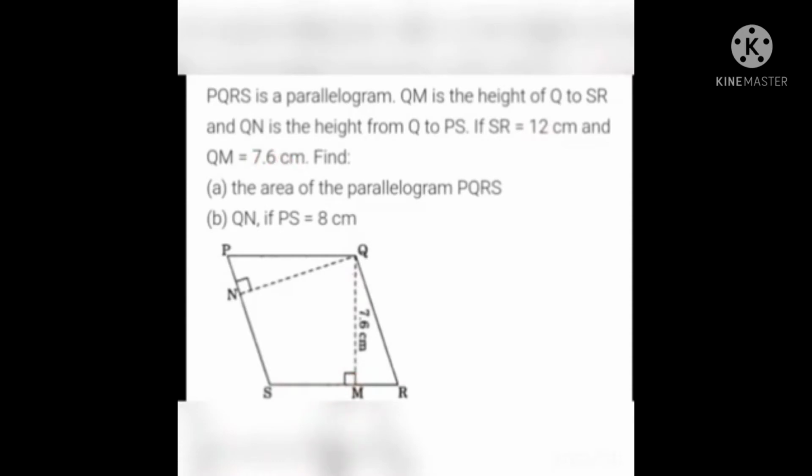So the first question is: find the area of the parallelogram. What is the formula for finding the area of a parallelogram? It's base into height. Is any base and altitude given? Yes, this SR and this QM are known, so we can find the area directly.